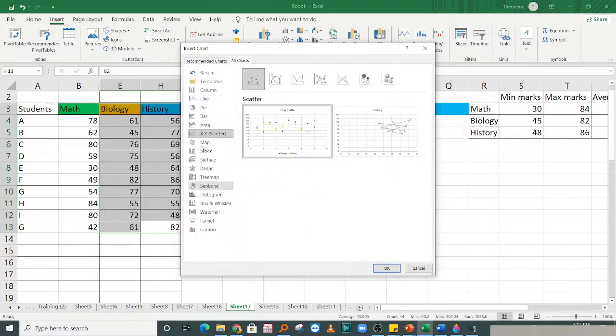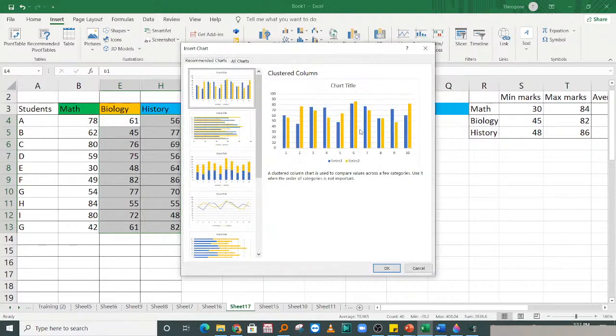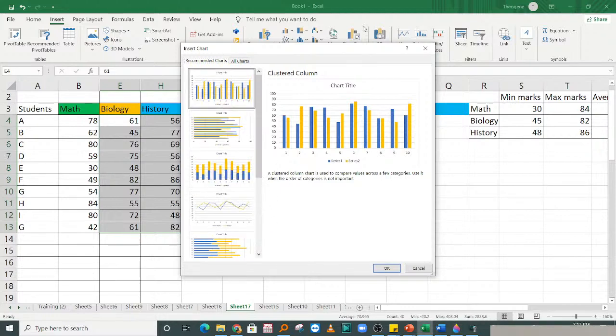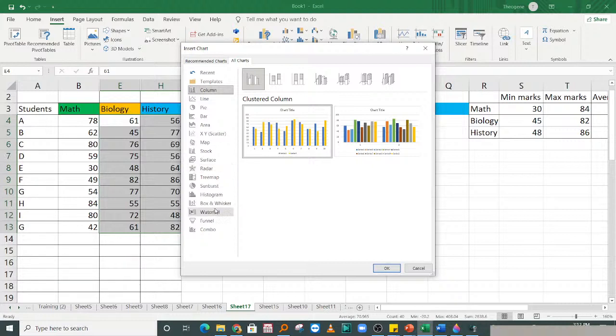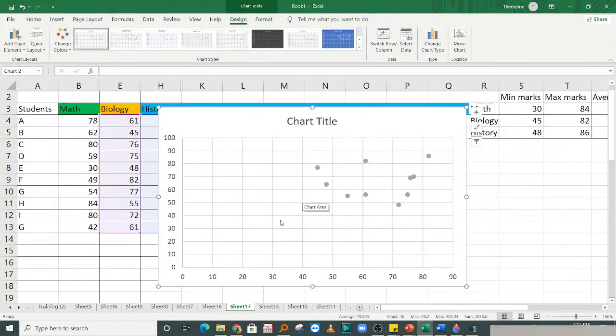So let's see this. Recommended chart. Okay, we see. I need the scatter plot, the scatter XY plot, but somehow, you see, it doesn't give me a sense.